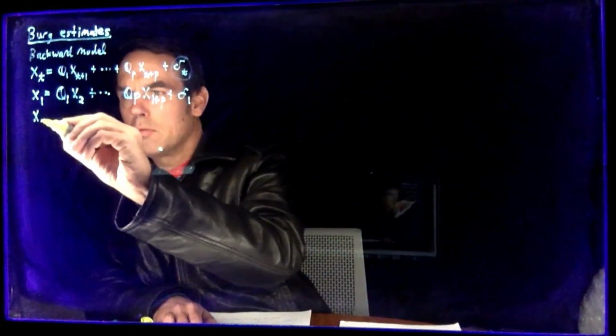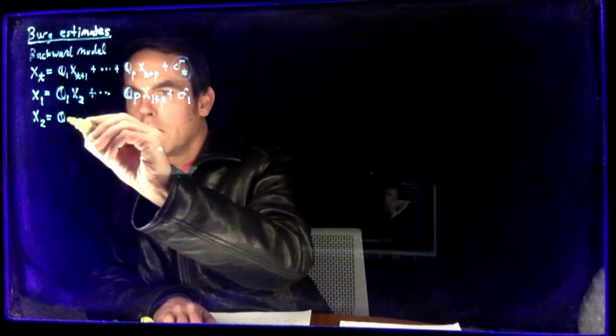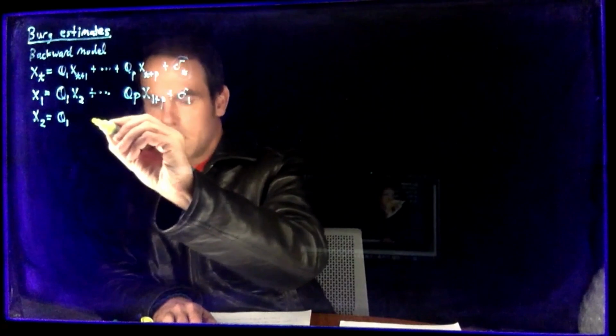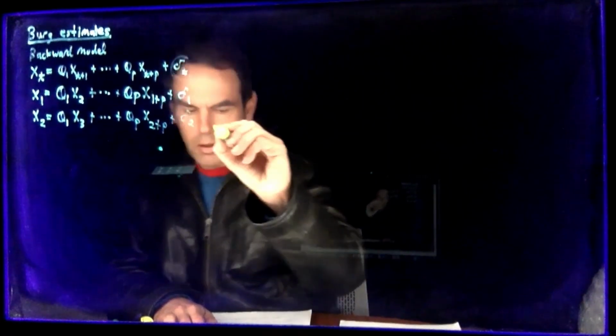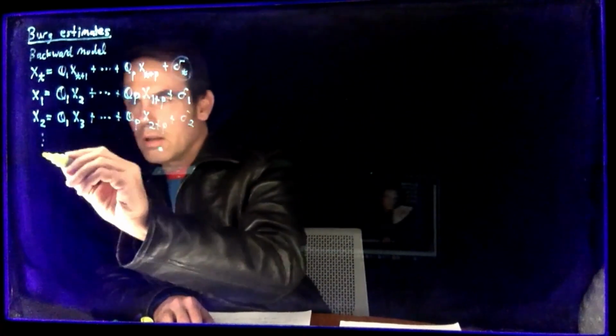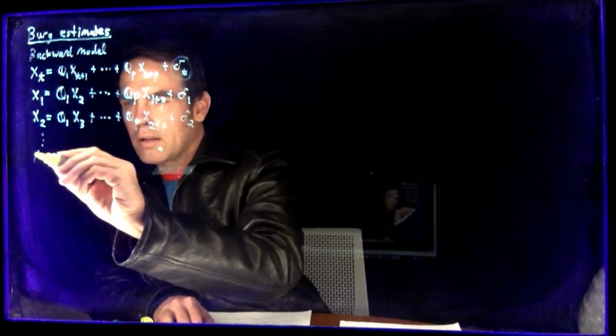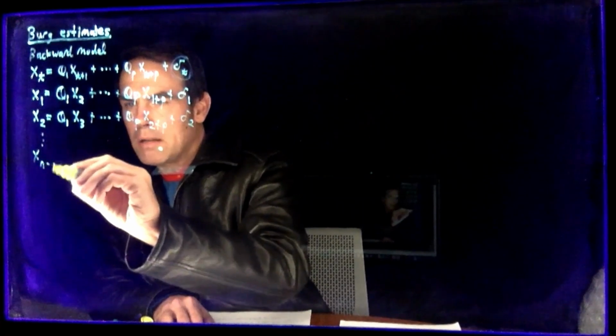X sub 2 equals phi 1 times x sub 3 plus out to phi p times x sub 2 plus p, plus delta 2. And that keeps going until we're down to, we can only go to n minus p.